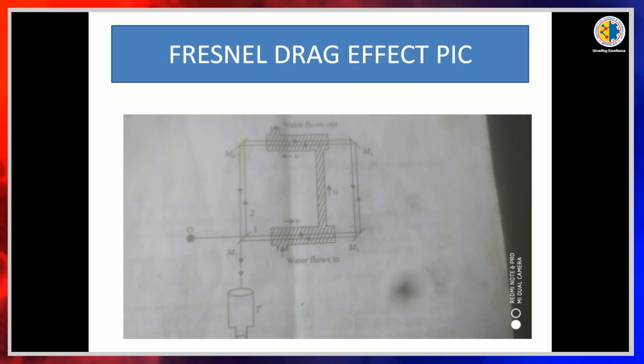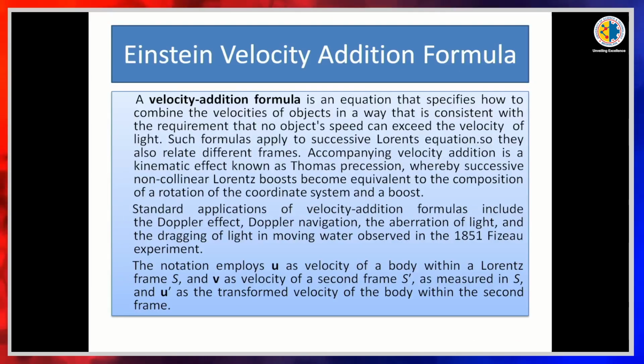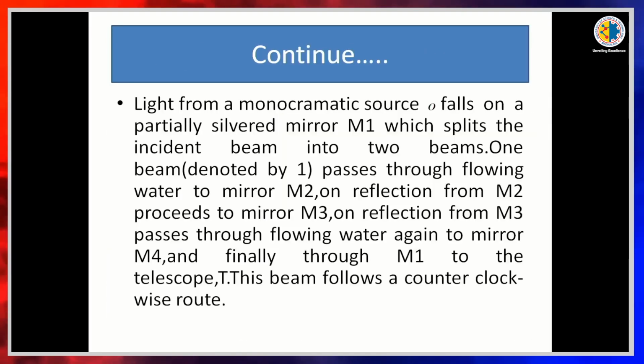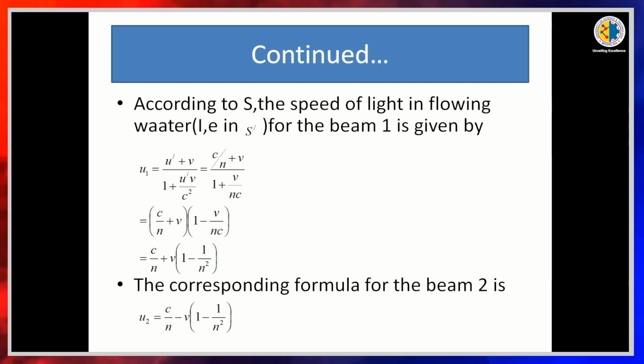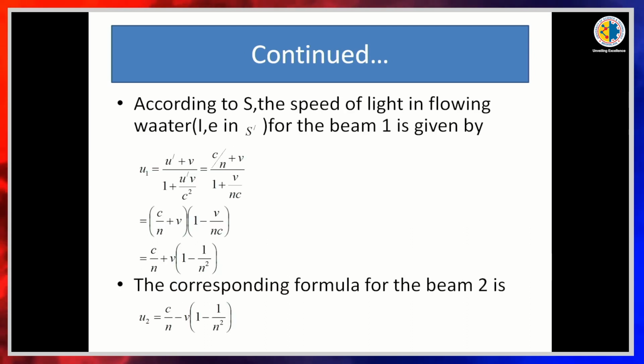Now, using equation 11 from the earlier slide, with simple calculation we find that U dash is equal to C by N.